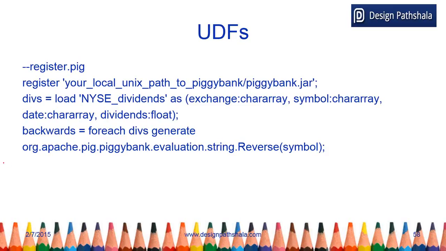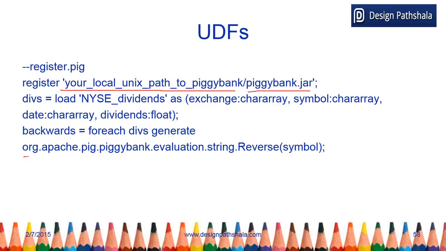You create a JAR and register your JAR with the file, giving the location of the JAR and the piggybank.jar, your local Unix path to your JAR. So this is your local Unix path which you define in the file, and then you can directly use the different methods which you have created in your JAR.